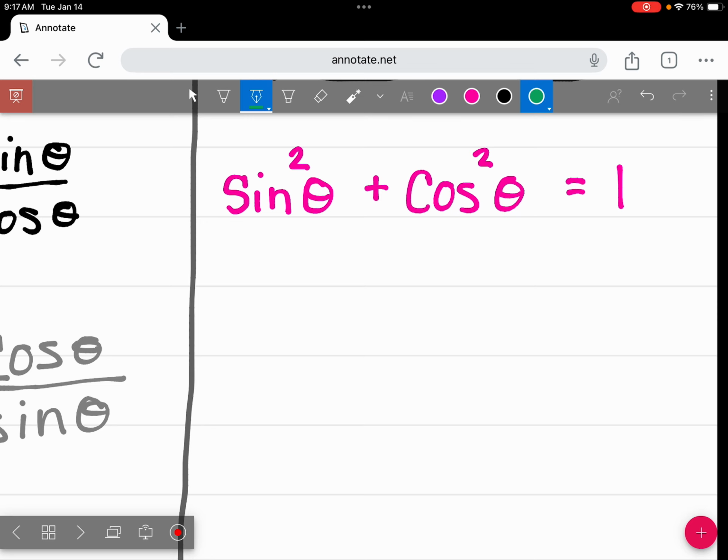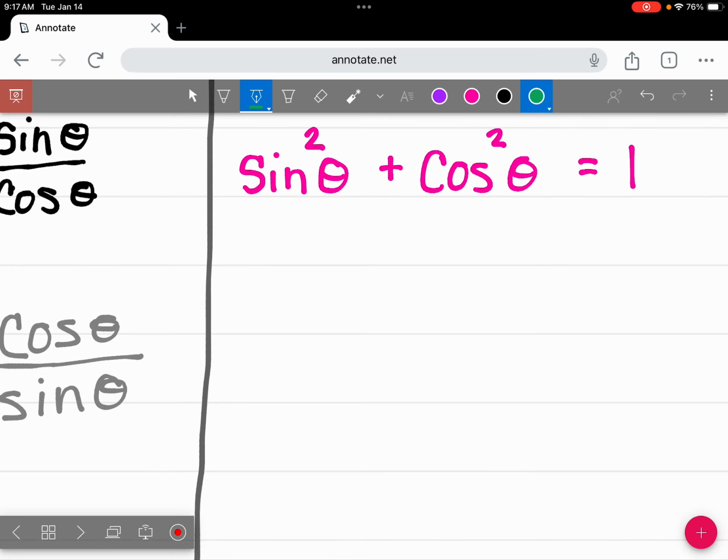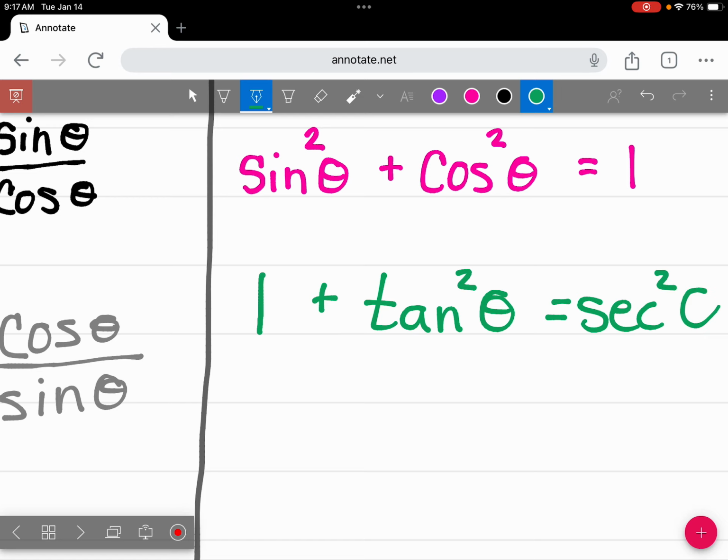Well, we have two more. 1 plus tangent squared of theta equals secant squared theta.